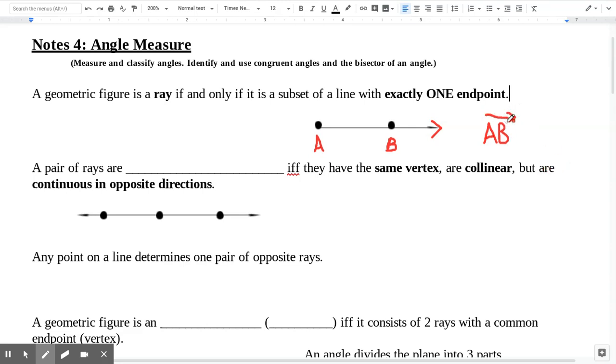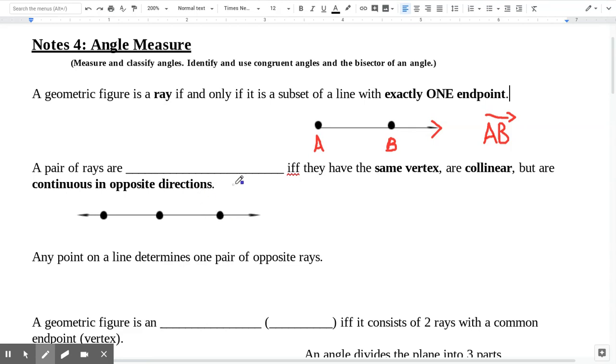So when you draw this part of the name, show the initial point above the letter that it corresponds to in the picture, and show the arrow going through the other point that it did. So if this ray starts at A and goes through point B, then we need to start at A and go through B and show the arrow going in that direction.